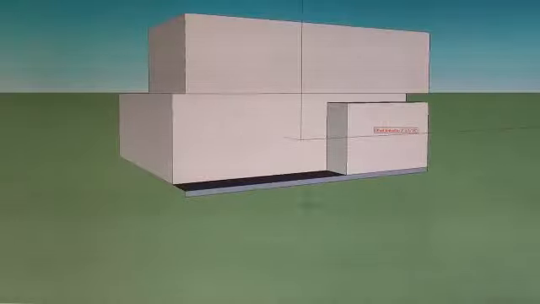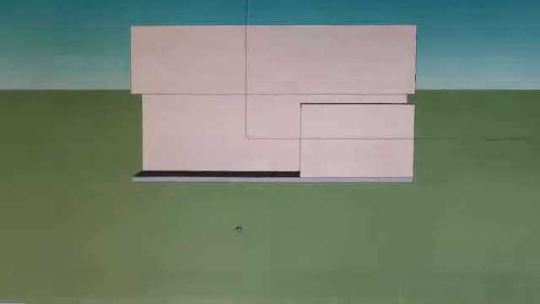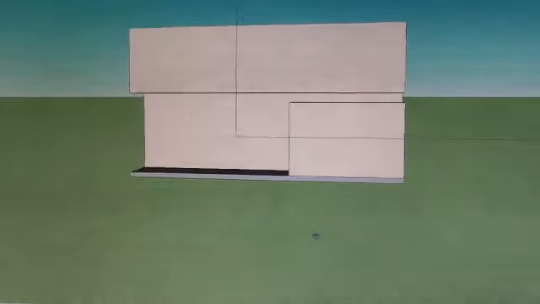So if we're looking at a bi-level again, slab, first floor, second floor. If there is a garage, it's a built-in garage because this is the first floor of the house. Now it is possible that the garage could be attached.